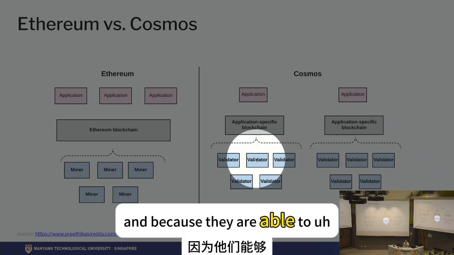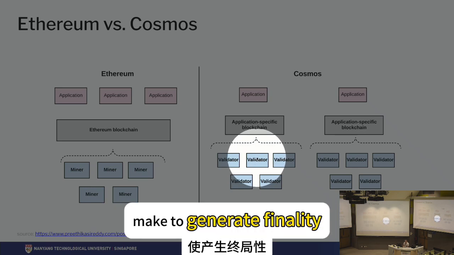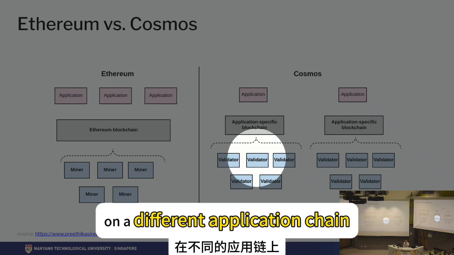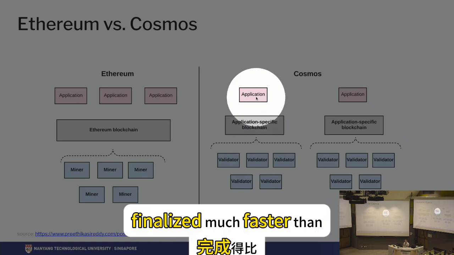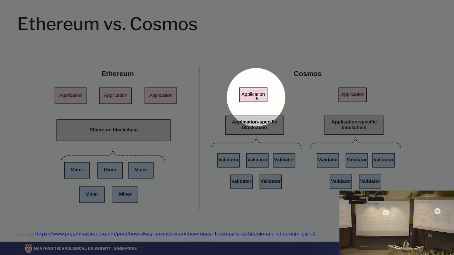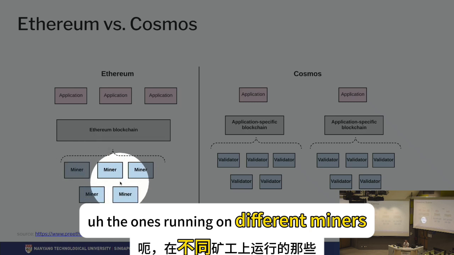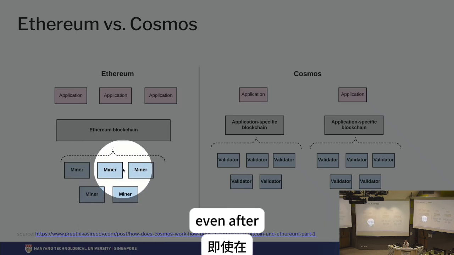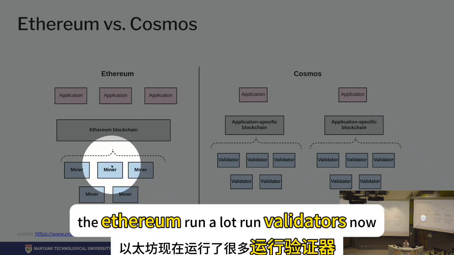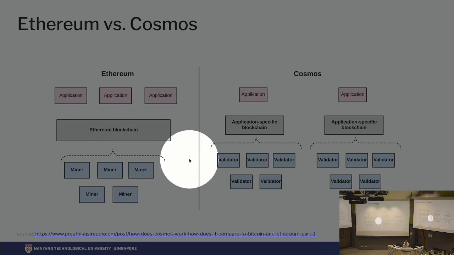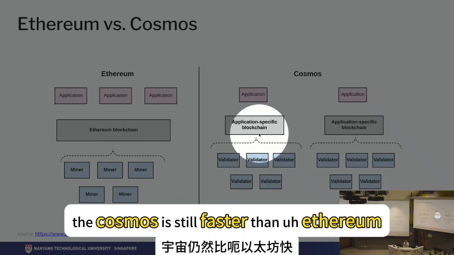Because they are able to generate finality on a different application chain, they are able to get consensus finalized much faster than the ones running on different miners. Even after the merge, when Ethereum runs validators together with miners, Cosmos is still faster than Ethereum.